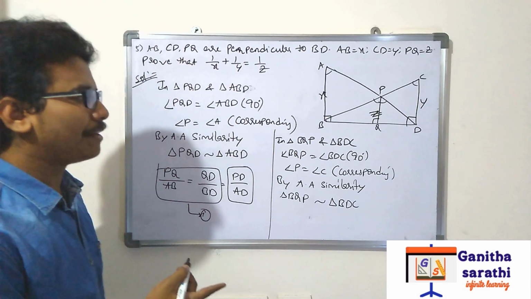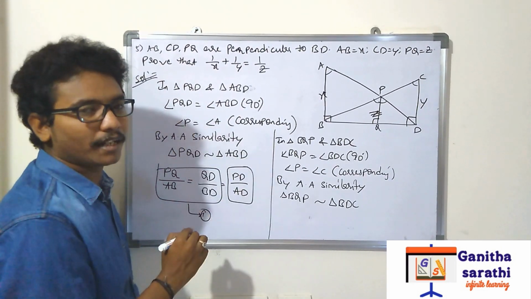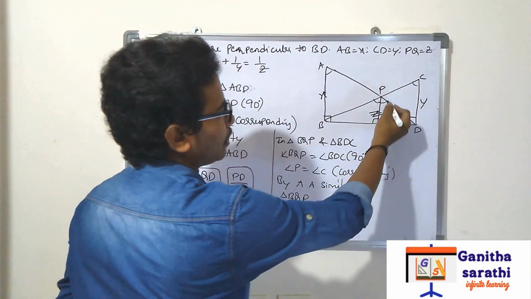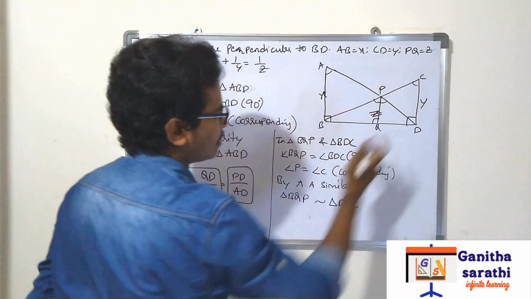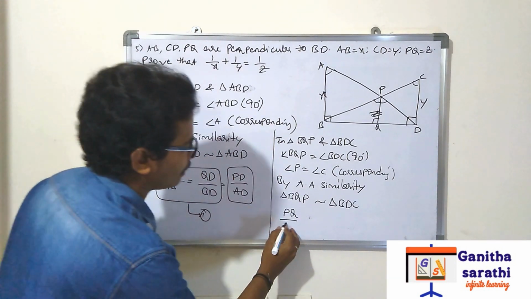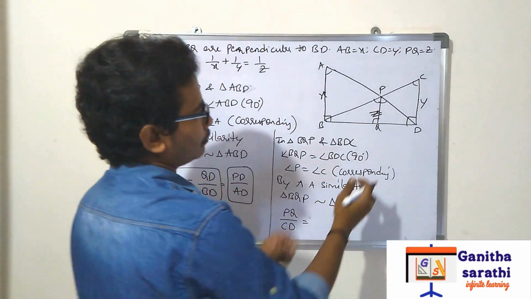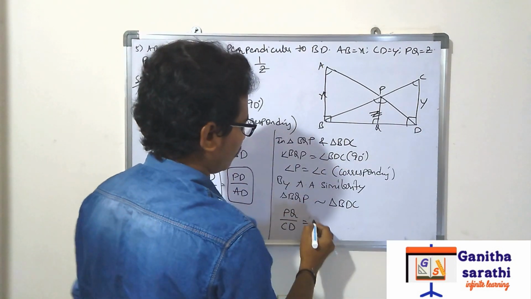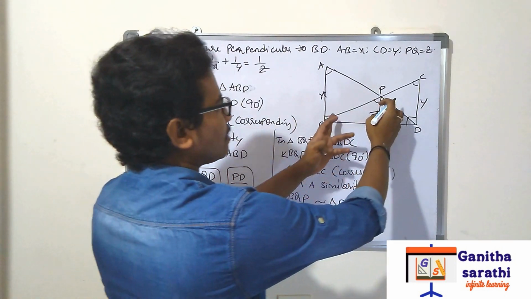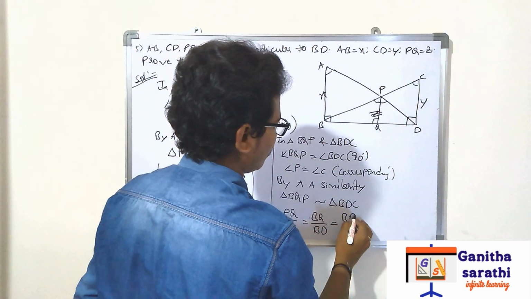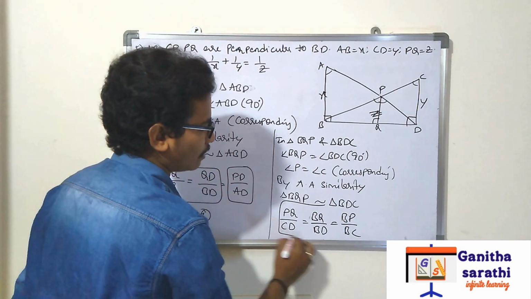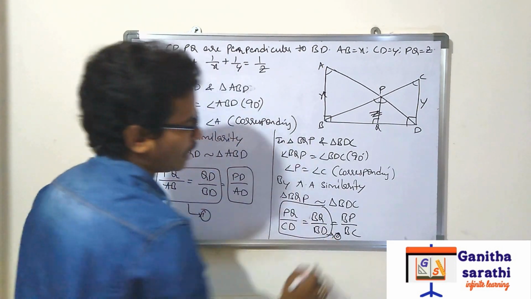If triangles are similar and their angles are equal, sides will be in proportion. From the small triangle you take PQ by CD is equal to BQ by BD is equal to the remaining side BP by BC. We don't want this last one because no sides are given there. So this will be our second equation.